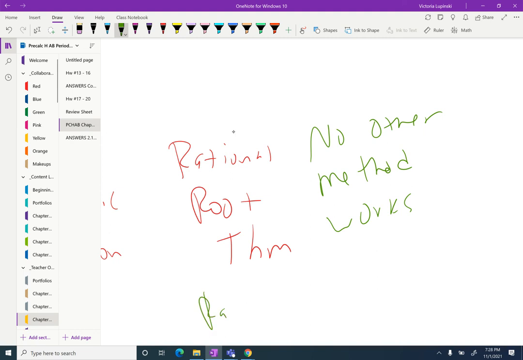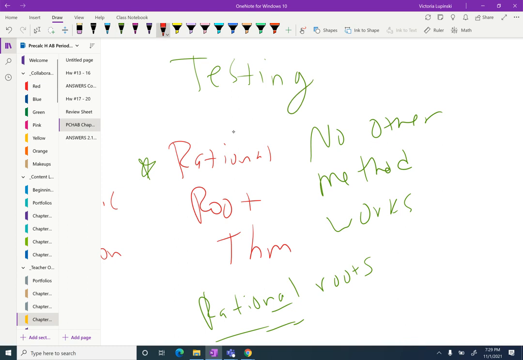And additionally, the question would specifically talk about rational roots. If you say the word rational roots, that is kind of a dead giveaway that you might want to think about using the rational root theorem. But again, the idea of testing a whole bunch of things and having to find the one that works is definitely not something you have to worry about for tomorrow.